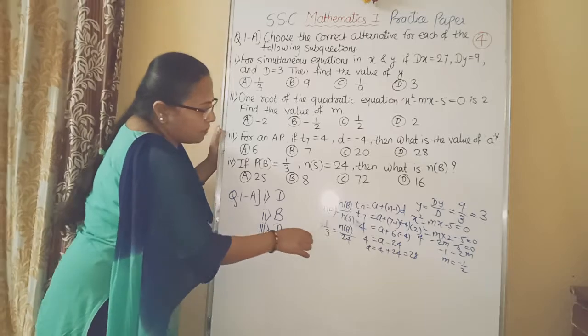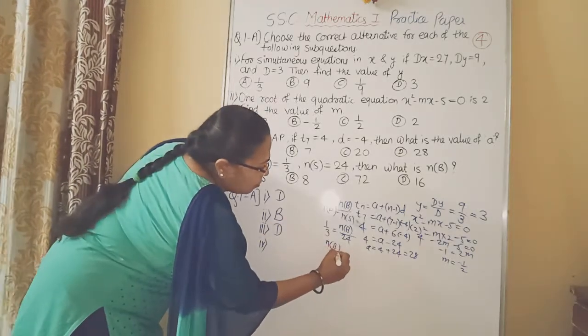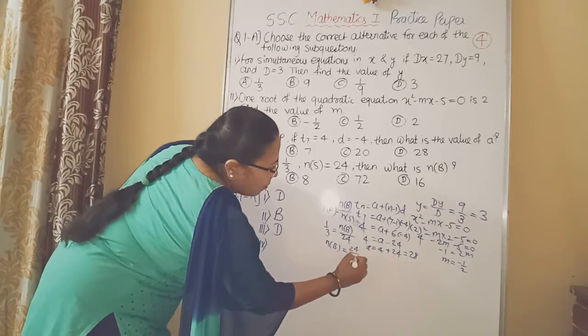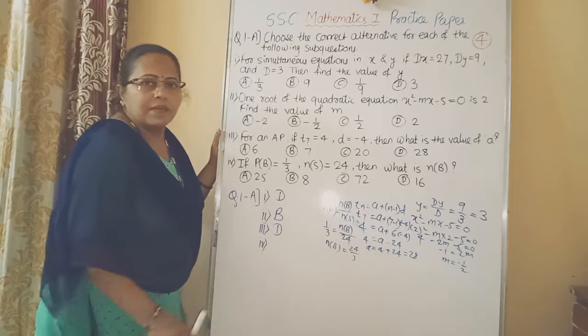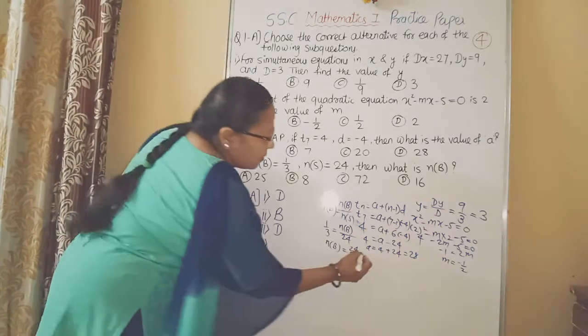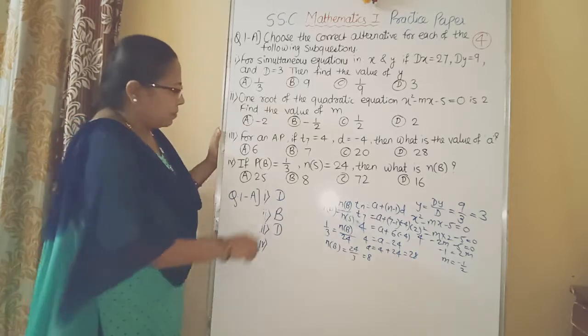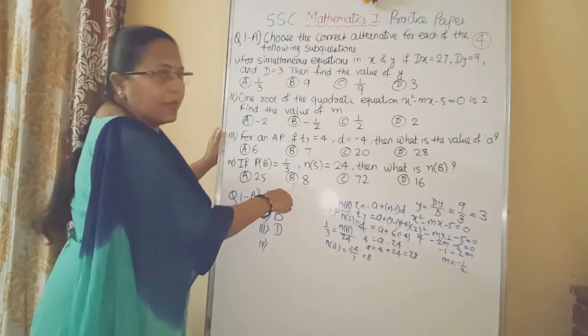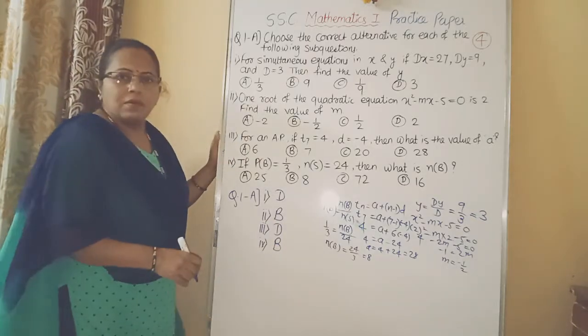So this 24 we have to take on the left hand side. So n of B is equal to 24 upon 3. Correct? So divide 24 by 3. 3 eights are 24. So the answer is 8. Option number B. Followed?